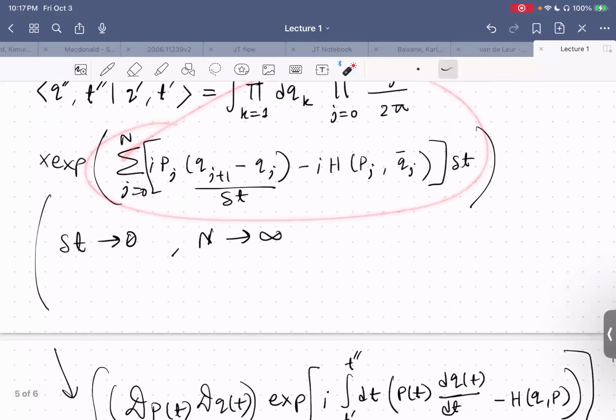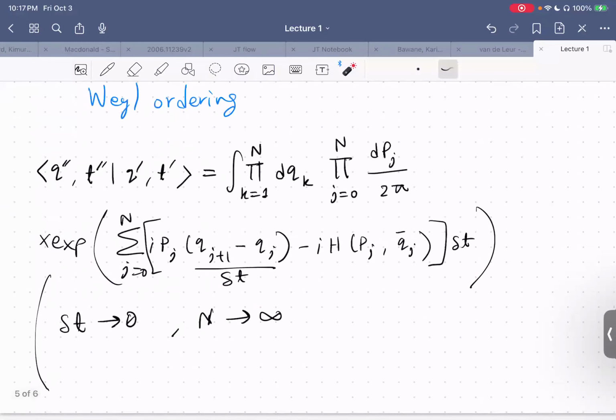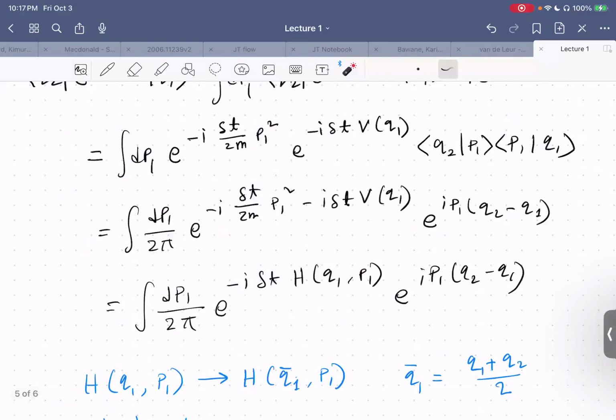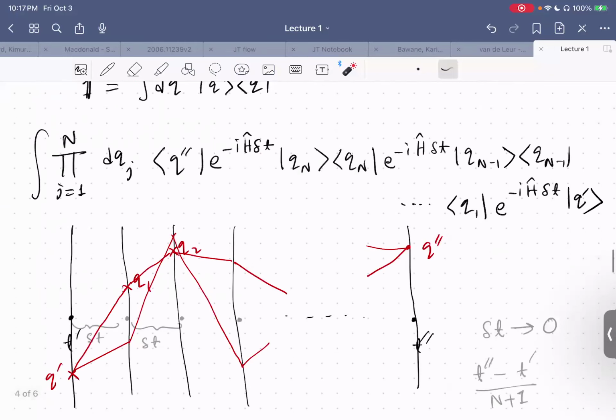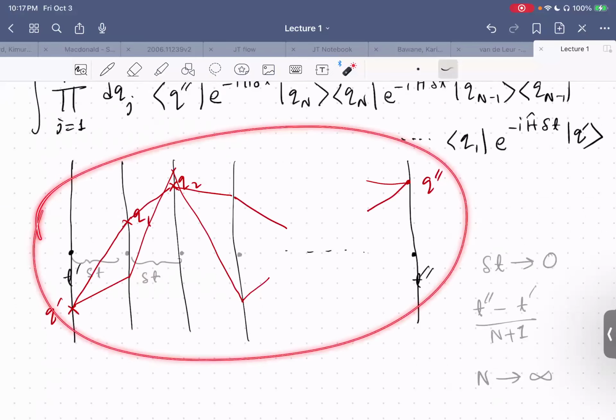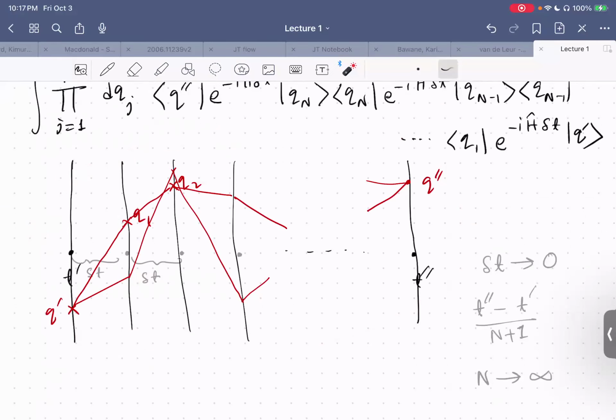But in order to have a physical picture in mind, we will go back to this picture, that once everything was discrete, so n was finite and delta t was small but non-zero, what we were doing is that we were summing over the possible positions of the particle at different timestamps. And what we are summing was this transition amplitude from one position to the next. So this was basically a sum over all discrete paths.